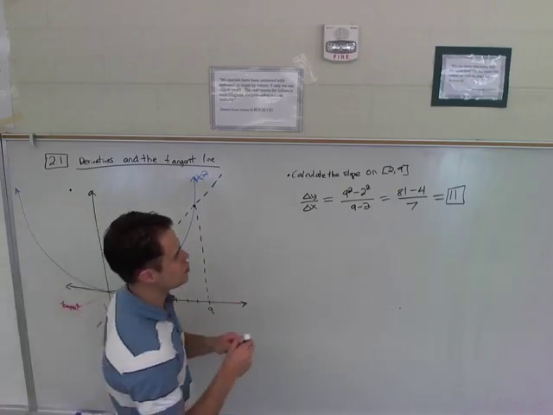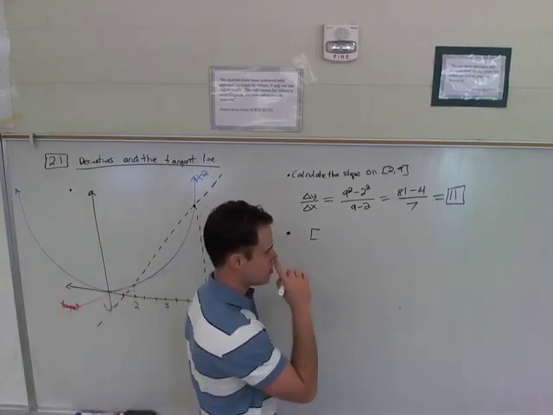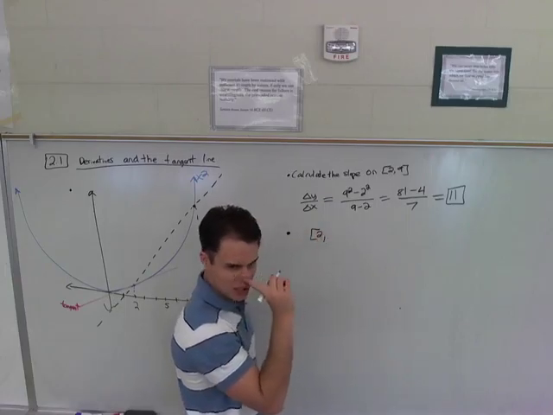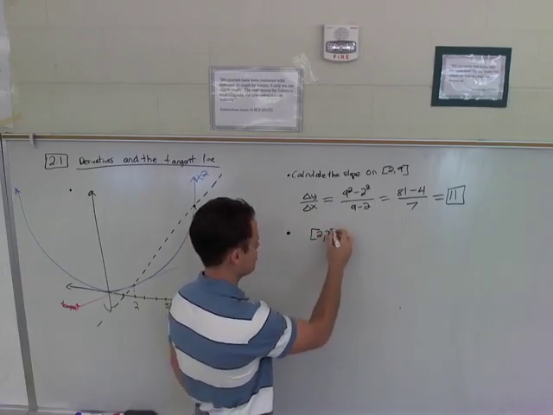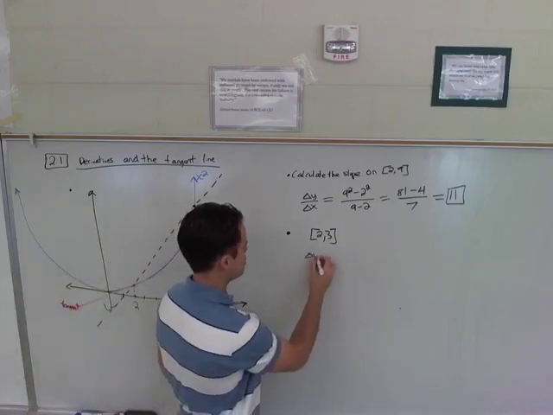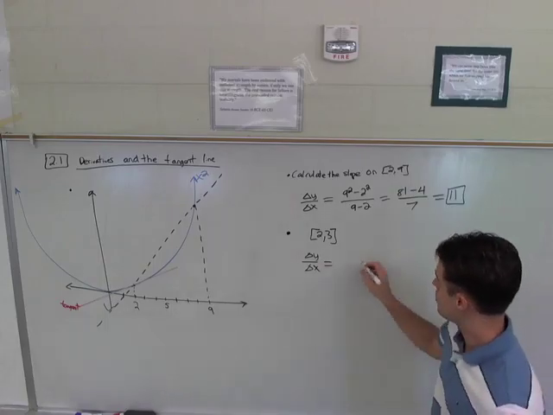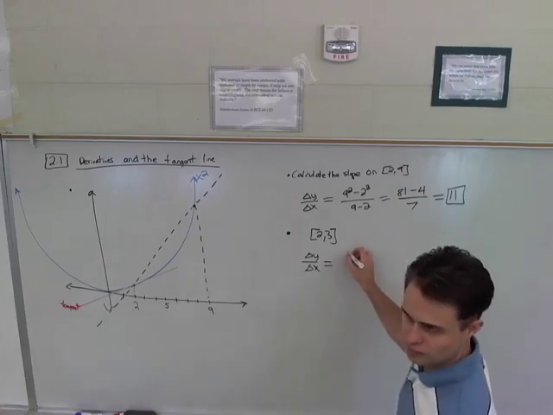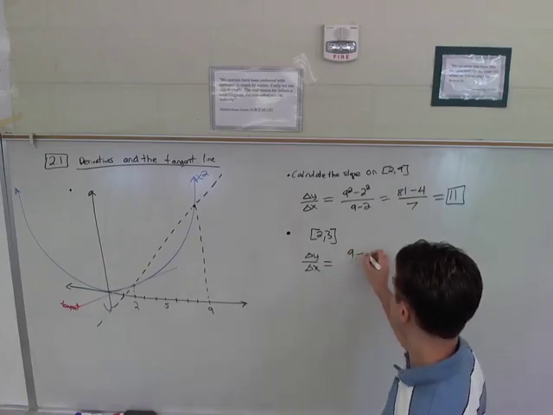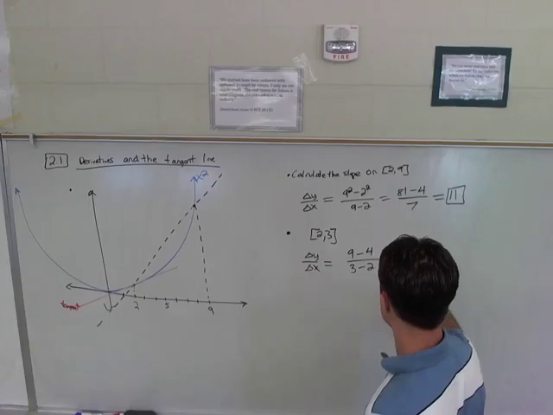Instead of on the interval 2 to 9, let's create the secant line between 2 to, what do you guys think? 3. Let's do 3. I'm not messing around. Okay? Change in y over change in x. Let's do it. So you plug y in, 9 minus 4 over 3 minus 2 is 5 over 1 is 5.